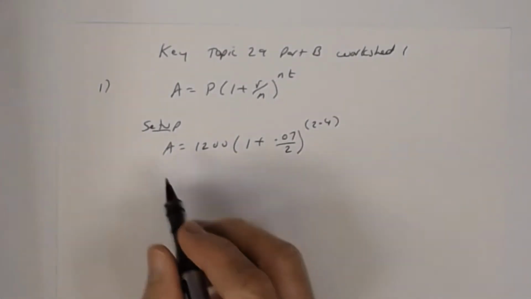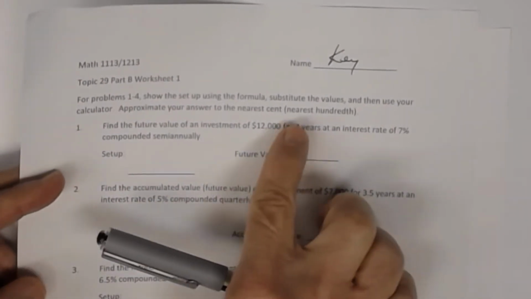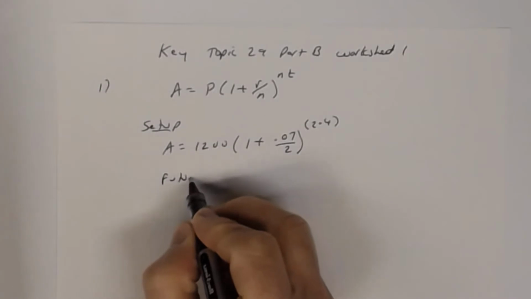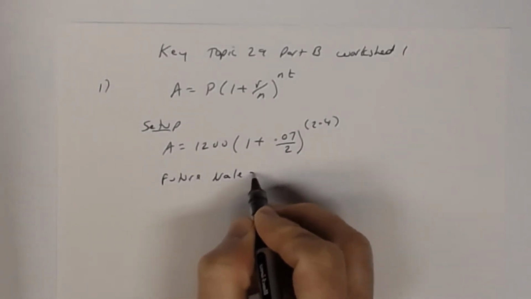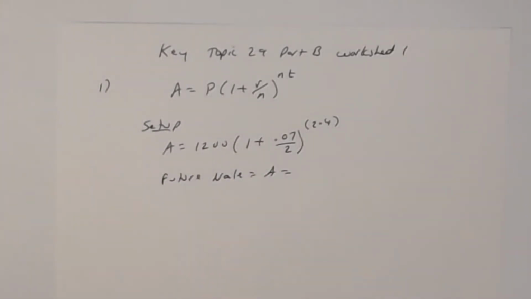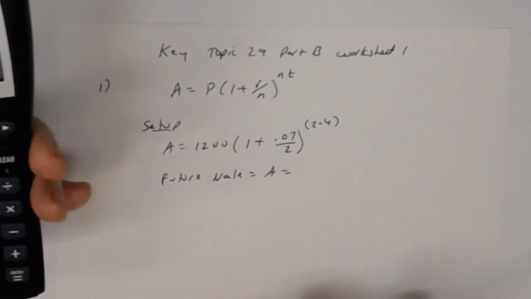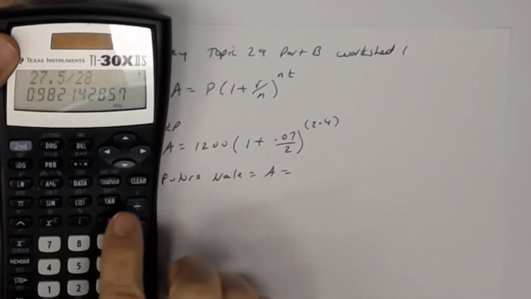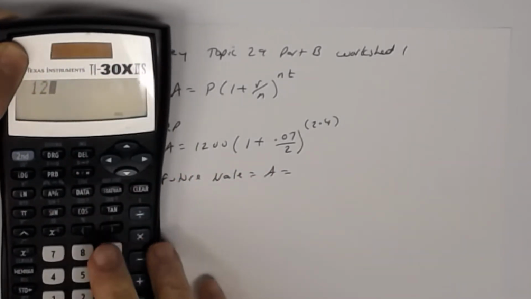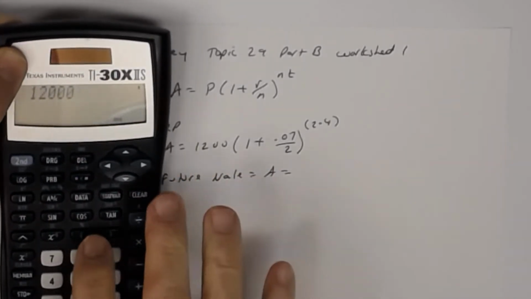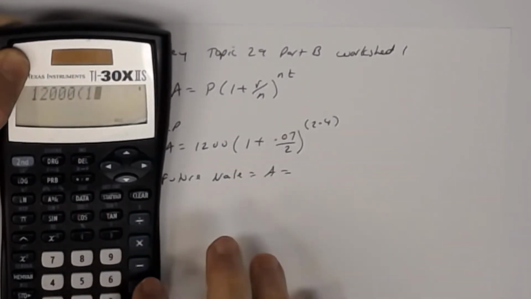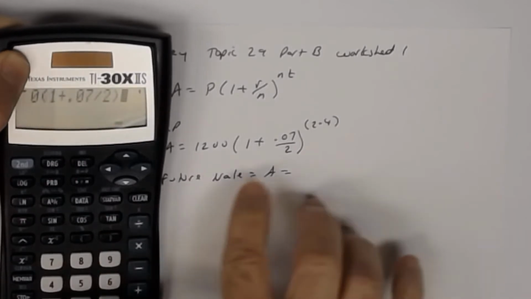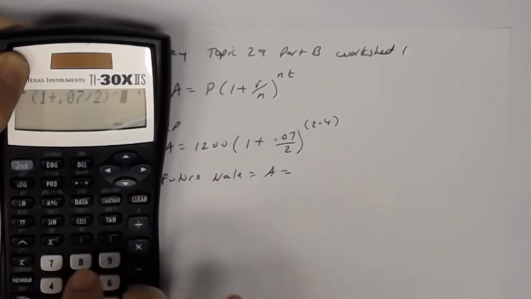Now you're going to find your future value and round to the nearest cent. Just use your calculator and write out what you see: 12,000, parentheses, 1 plus 0.07 divided by 2, close the parentheses, and raise that to a power.